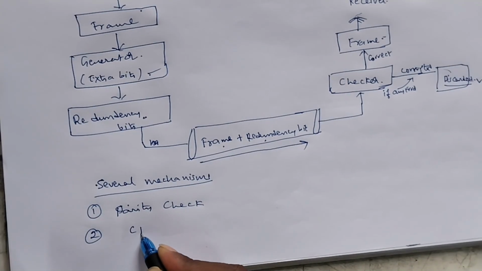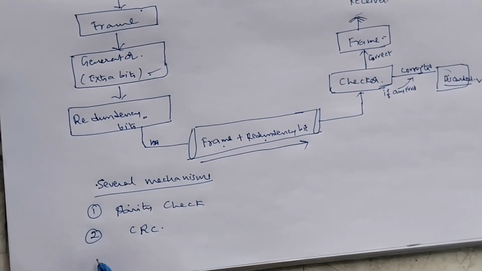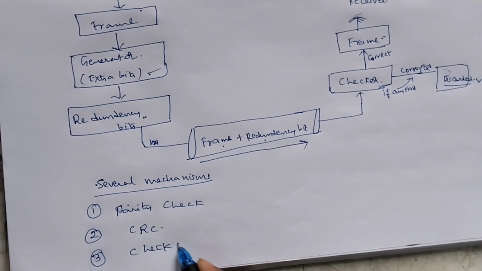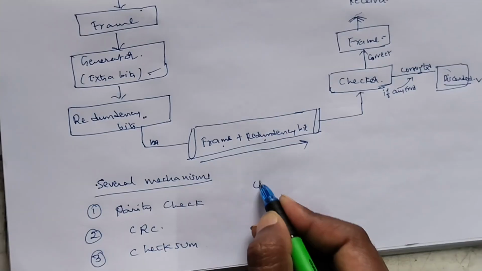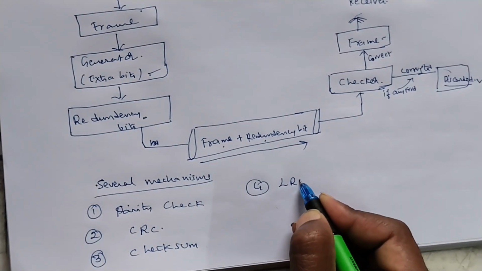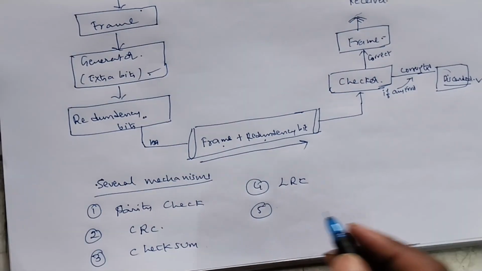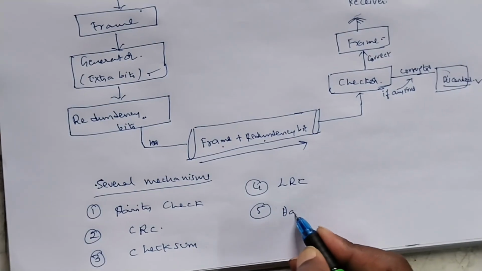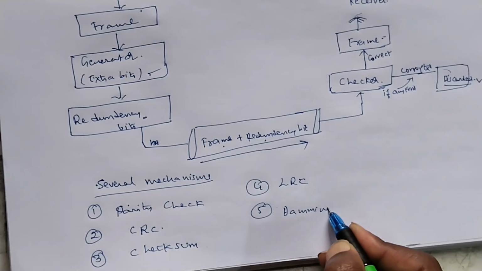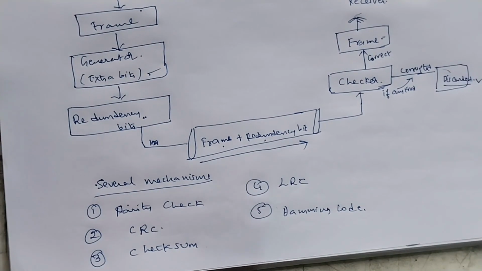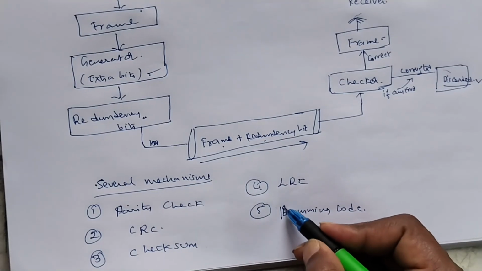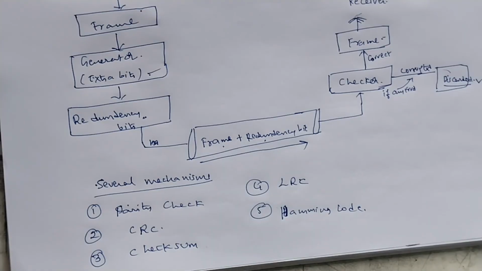Second one is cyclic redundancy check. Third one is checksum. Then LRC, longitudinal redundancy check, and Hamming code. These are the several error detection mechanisms as well as error correction mechanisms. Here we will discuss each and every one individually.